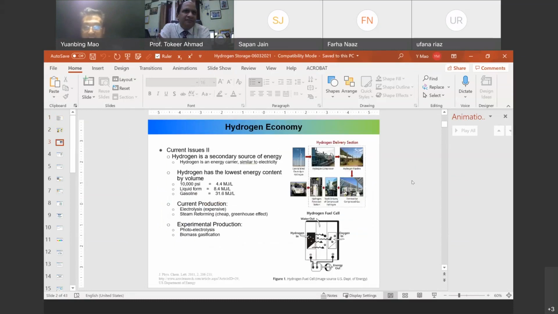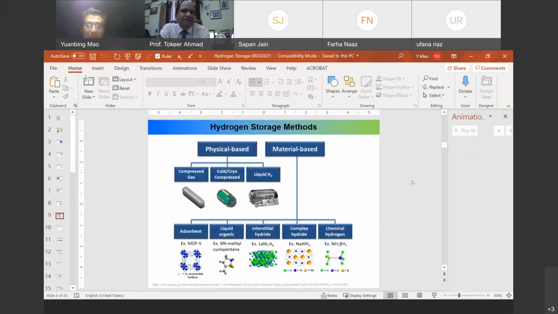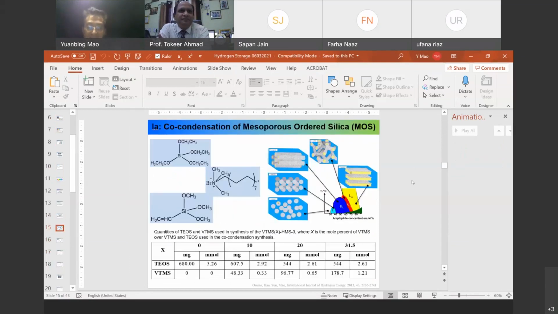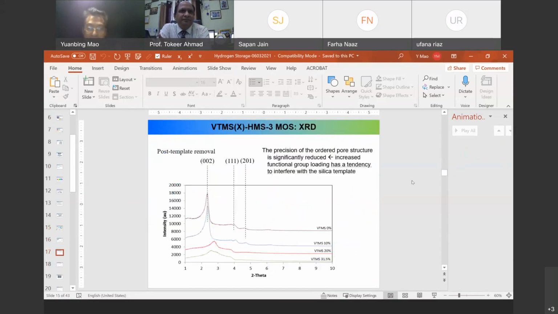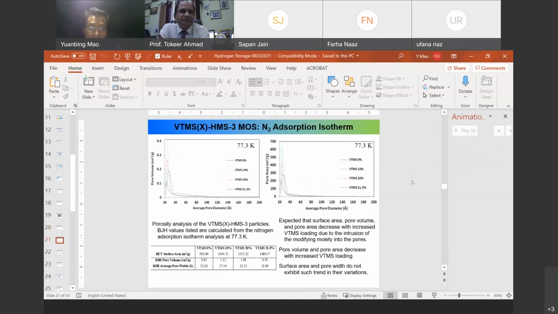Let me see. In general, it increases the porosity. So here, let me show you the data. It depends on the amount.